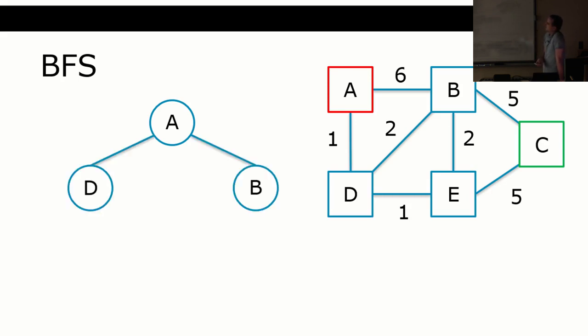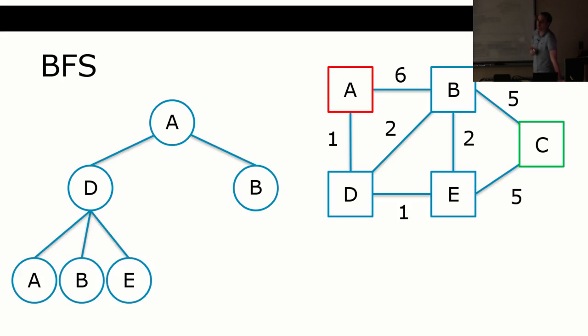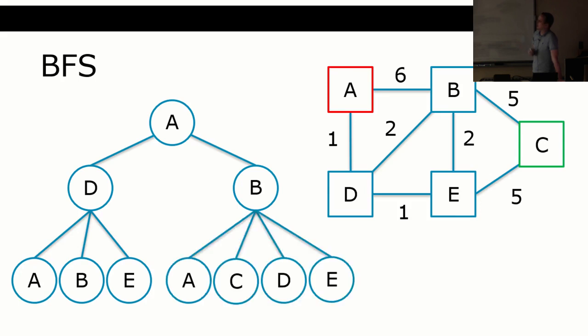So we expand D, and we expand B. We have already expanded this node, so it is no longer necessary to expand that one. The next one that got inserted was D, so we expand D next. But we don't go down here because B was inserted first, so we expand B next.